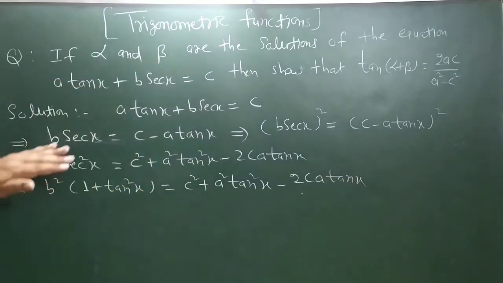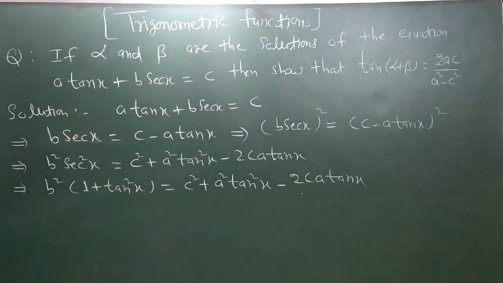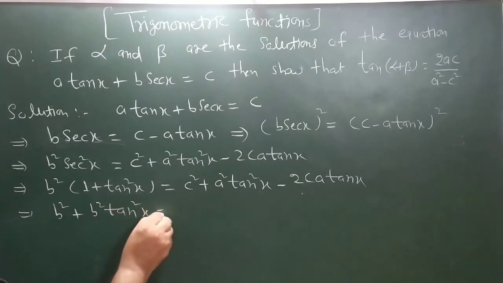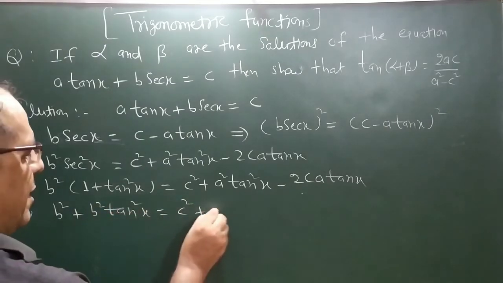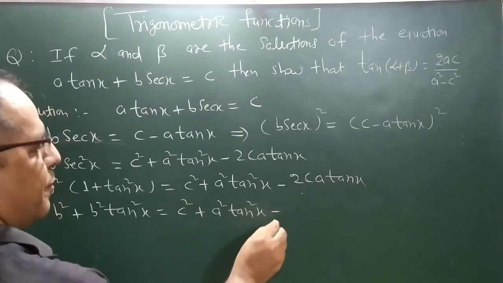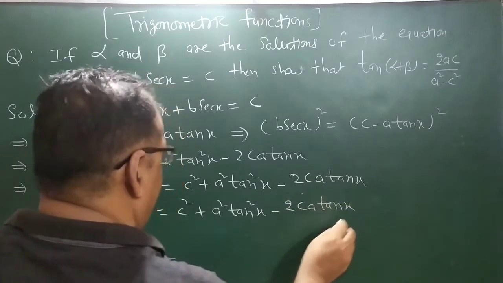First, transfer the term a tan x to the right hand side, square both sides, and now arrange the terms. After opening the bracket, b square plus b square tan square x equal to c square plus a square tan square x minus twice ca tan x.